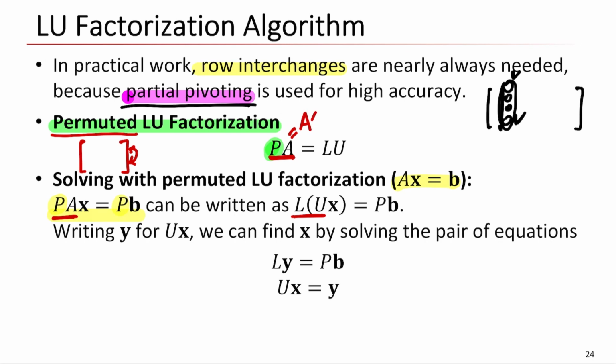So by writing Y for UX here, we can first find the solution of the vector Y from this equation. Then we can solve for X from this equation. Okay?